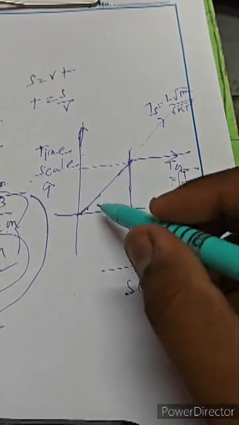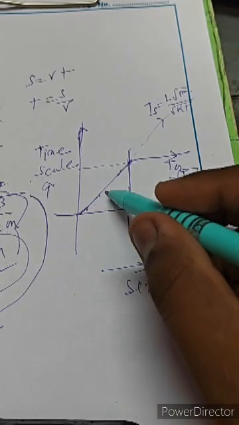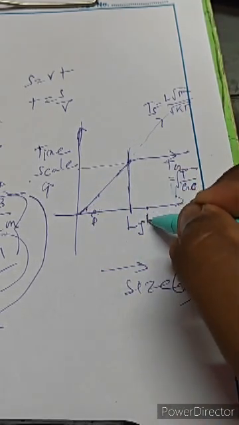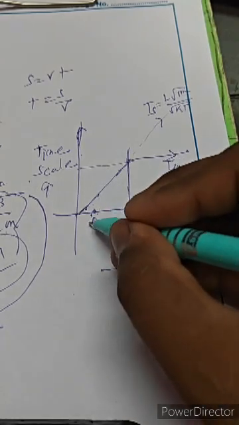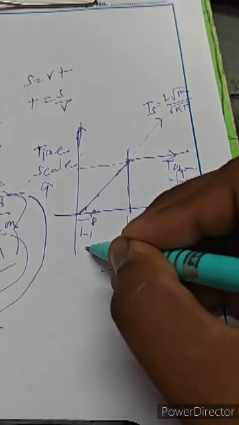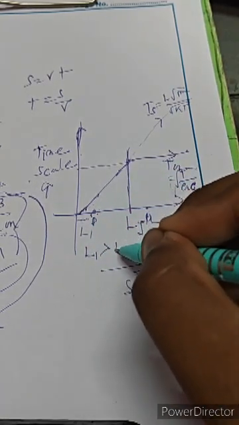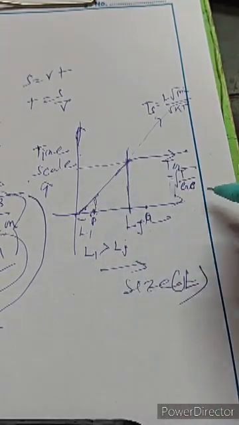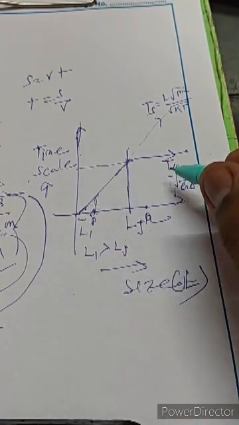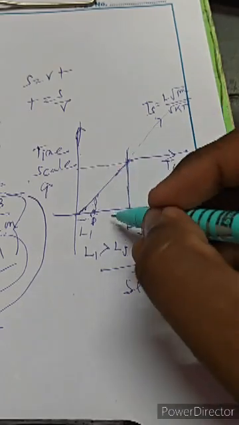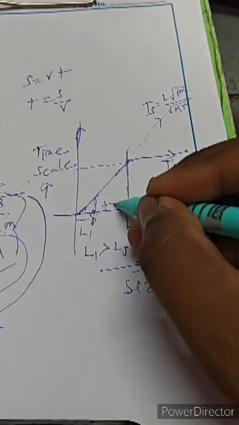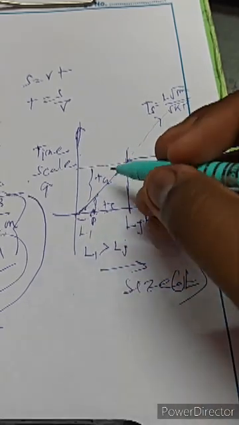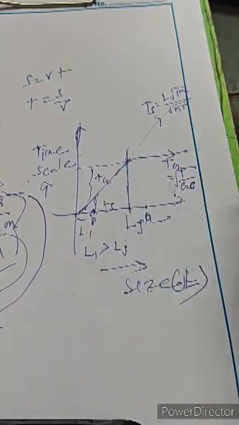Here you see the point P and the point Q. Point P has length L1, which is less than the Jeans length first, and the time period here is TS, and here TG. So here TG is greater than TS.